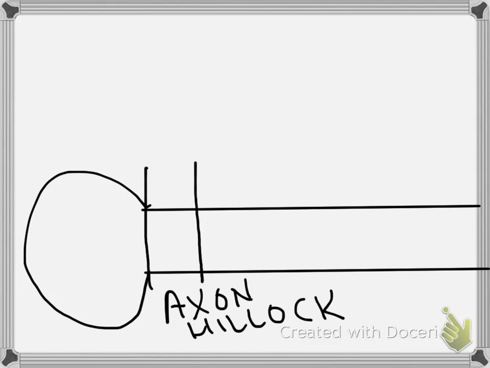As these graded potentials reach the axon hillock and summation has occurred, we are going to now assume that this graded response has reached threshold. And now what's going to happen at the axon hillock is that this response right here is coming up, and then we are going to generate an action potential.